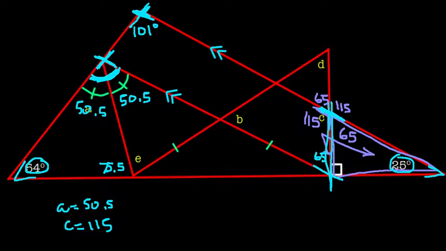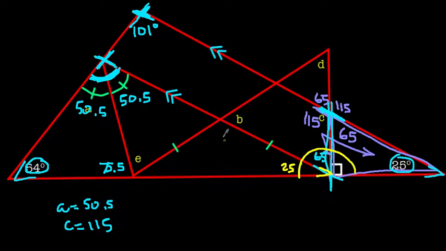Those are corresponding angles. Now, straight line here, 90 and 65, that's 155. I need 25 more degrees to make 180 on that straight line.